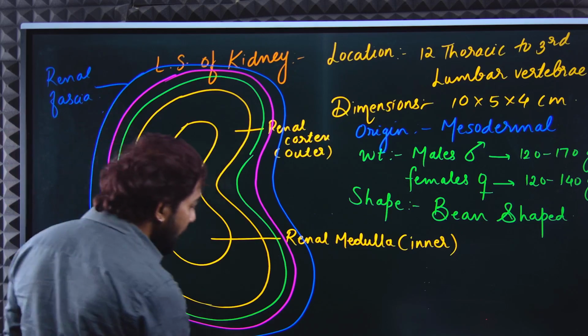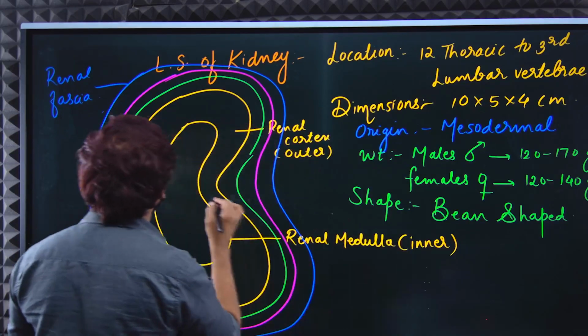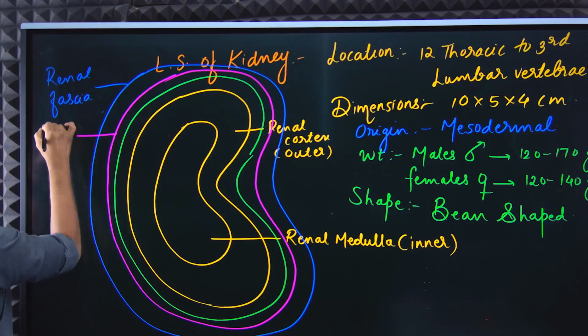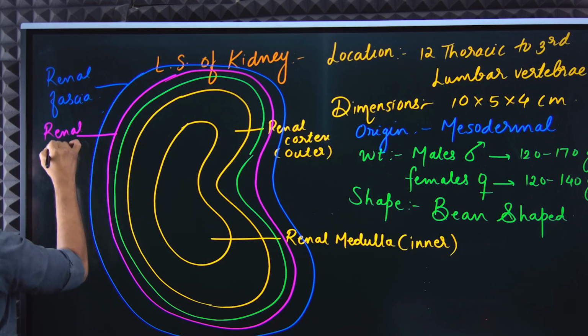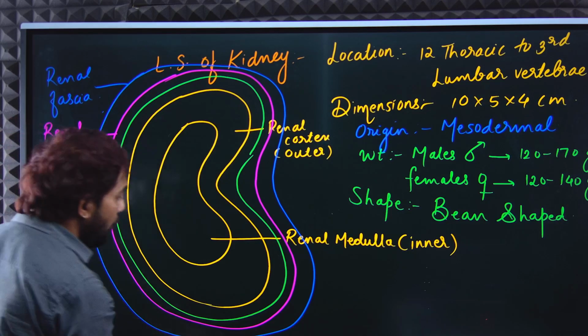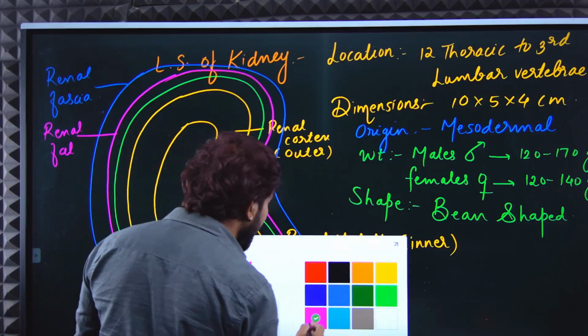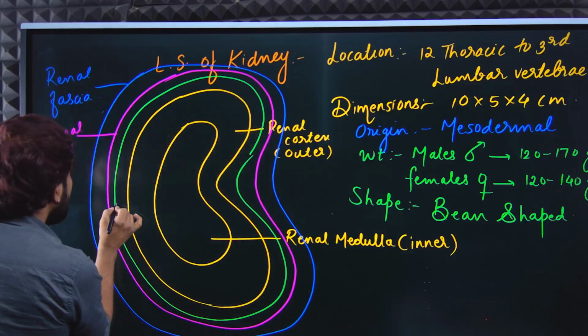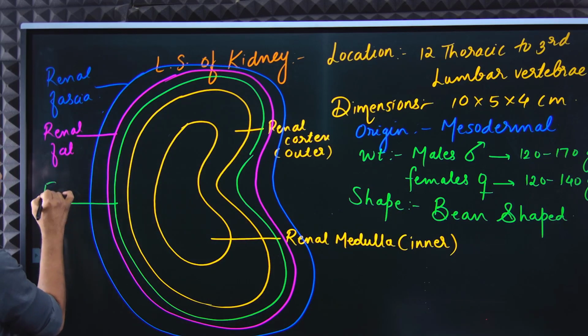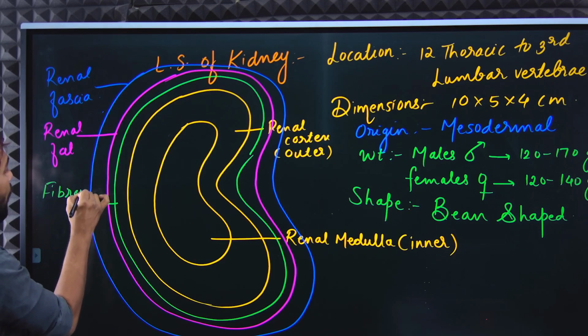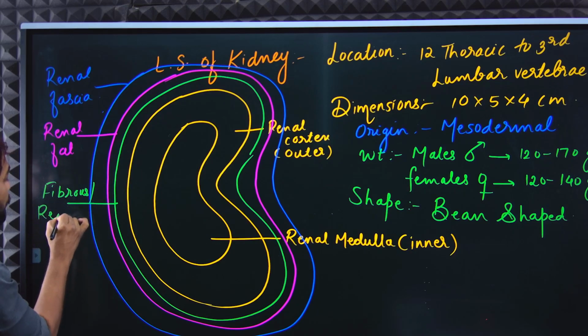The one in the pink, that layer is called the renal fat. And the one in the green is called the fibrous capsule or the renal capsule.